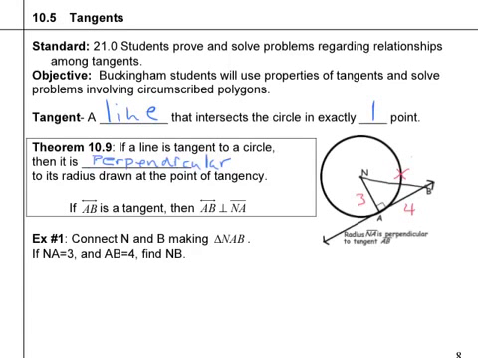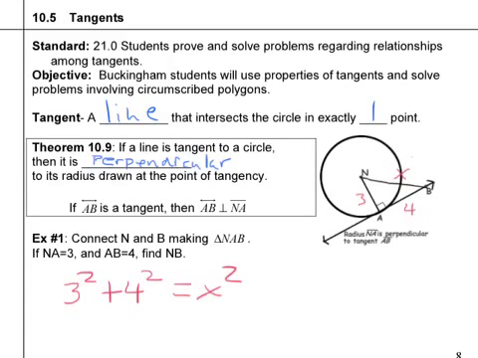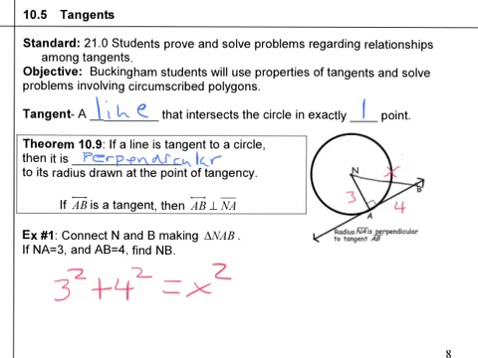That's because if we were to solve 3 squared plus 4 squared for x, we would end up with 5. Let me show you. 3 squared is 9. 4 squared is 16.